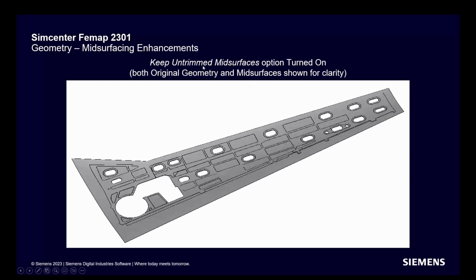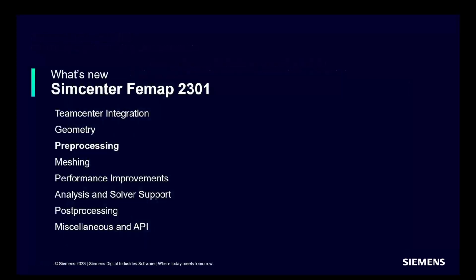And then when keep untrimmed midsurfaces is turned on, we actually end up with a very clean edge that might be easier to trim later on and avoid that geometry and the cleanup that would be necessary later on. So those are two pretty neat improvements to the midsurface automatic command.